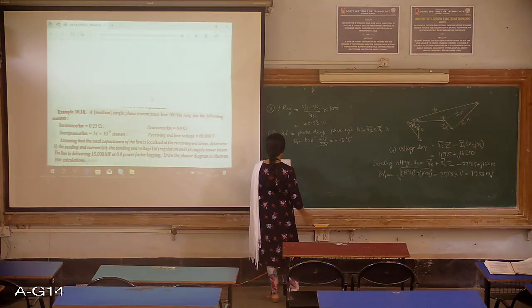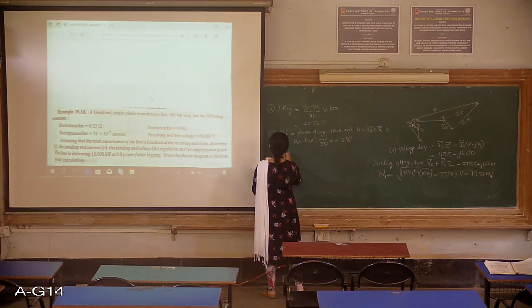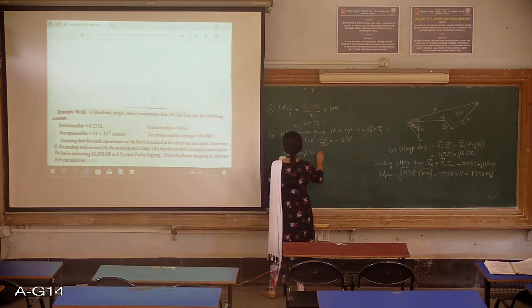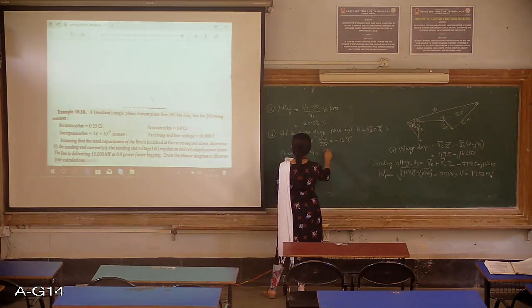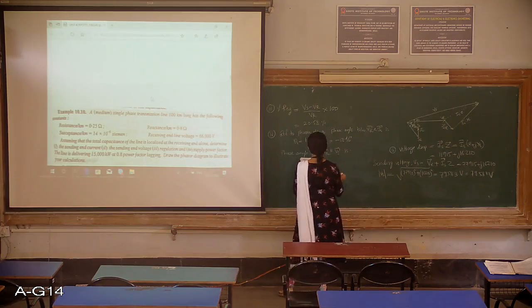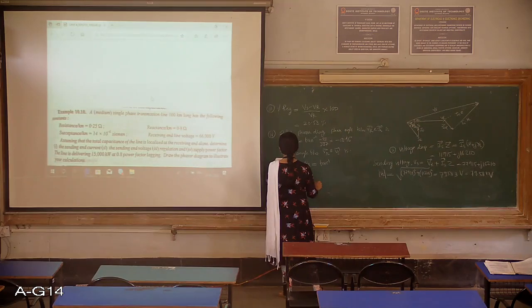This is through the IS that I have got. Then the phase angle between VR and VS is theta 2, equal to tan inverse. Which expression should I refer now?